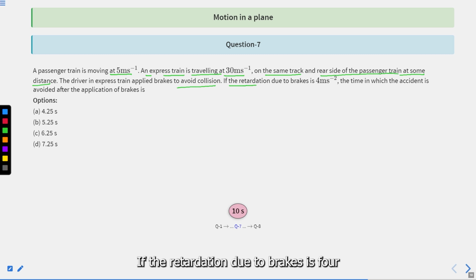If the retardation due to brakes is 4 meter per second square, the time in which the accident is avoided after the application of brakes is, which one is correct? 4.25 second, 5.25 second, 6.25 second, 7.25 seconds. You have 10 seconds to solve this question. After it, we will provide the solution. Clear?